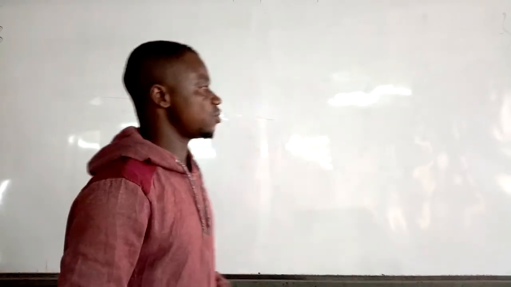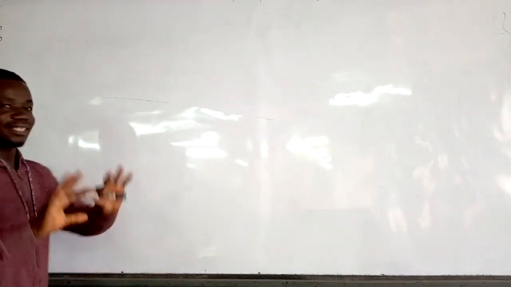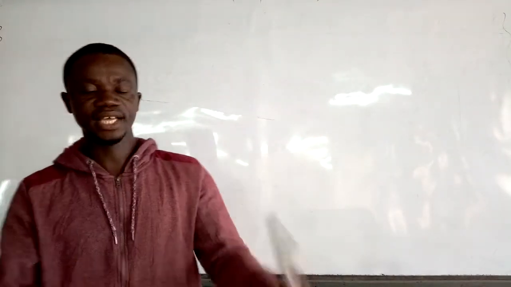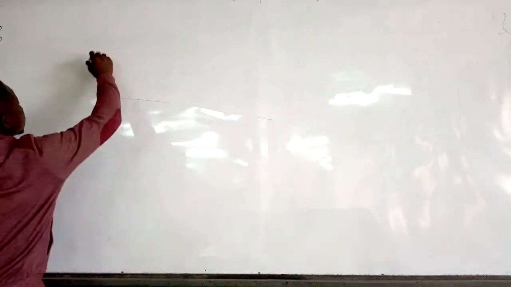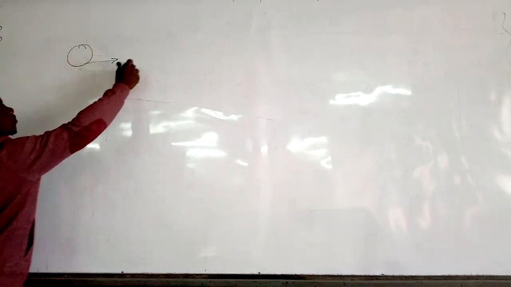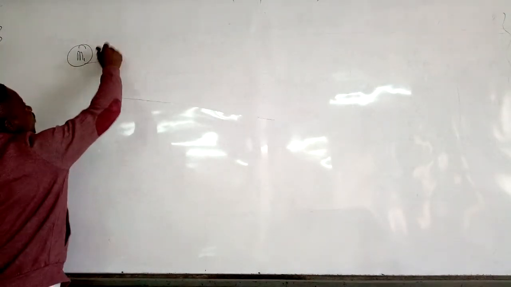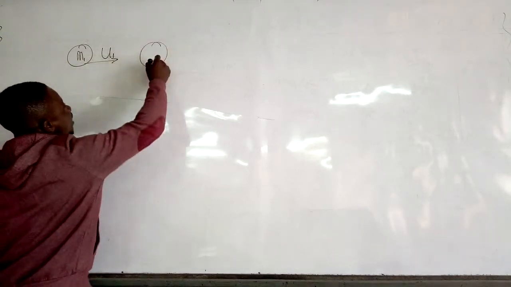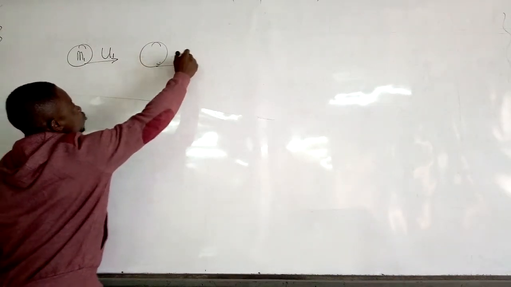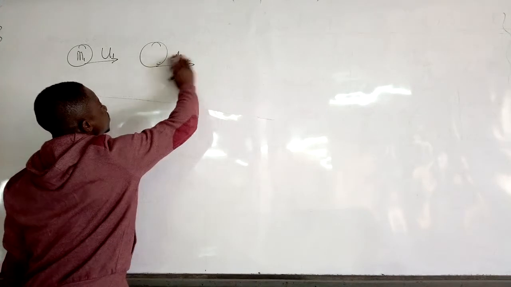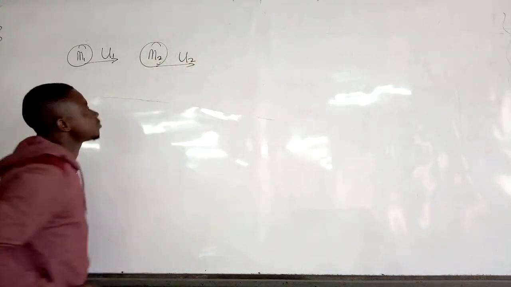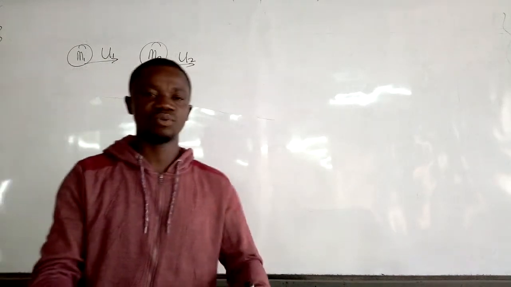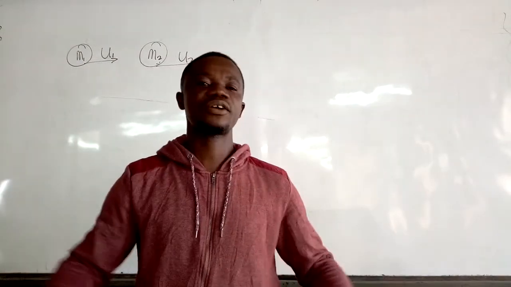So in elastic collision, when momentum is conserved, let's consider these 2 bodies. M1 moving with velocity U1 colliding with another body M2 moving with velocity U2. We are looking at a situation whereby the 2 bodies are moving in the same direction.